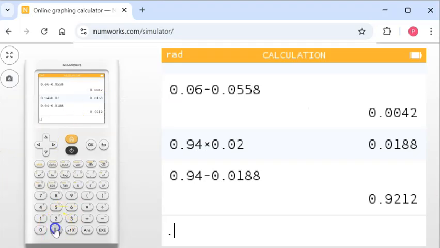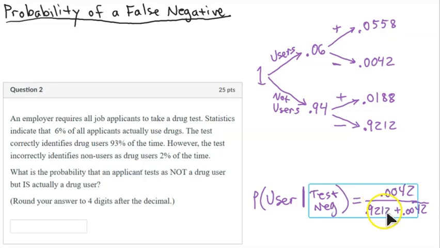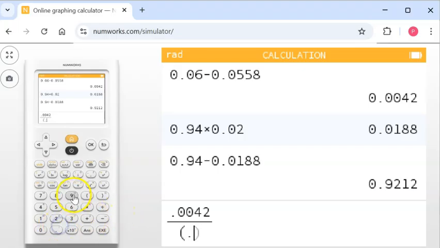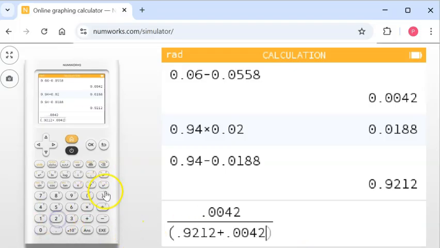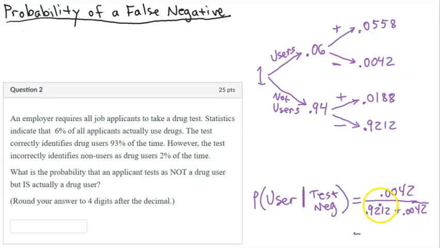So we're going to do 0.0042 divided by parentheses 0.9212 plus 0.0042, close parenthesis, execute, and we get 0.0045, and it says round to 4 digits, so 0.0045 is our final answer. Okay? Let's do another example.